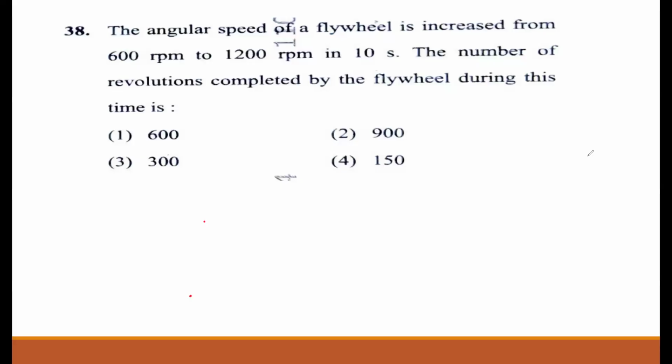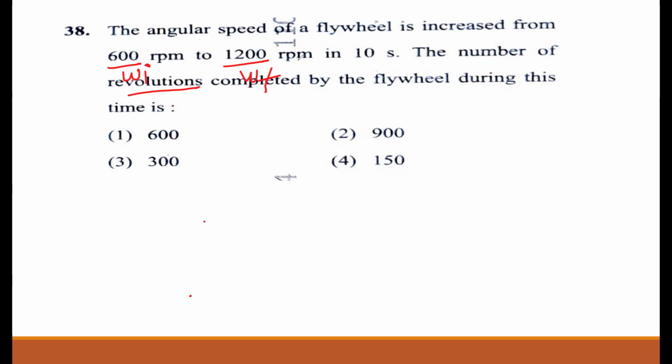Now, coming to the next question 38, the angular speed of a flywheel is increased from 600 rpm to 1200 rpm in 10 seconds. So that is omega initial and omega final being given. Now they are asking the number of revolutions, so the answer is in revolutions. That's why per minute has to be changed.